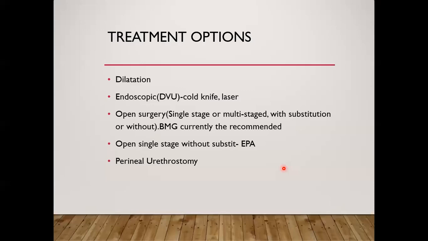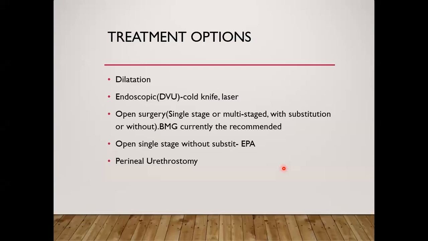So when there's narrowing, we have instruments called bougies, and you can use bougies to do dilatation. But we only use bougies if the narrowing is not much. The bougies are in different sizes.